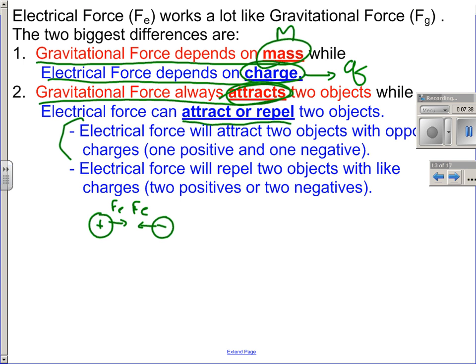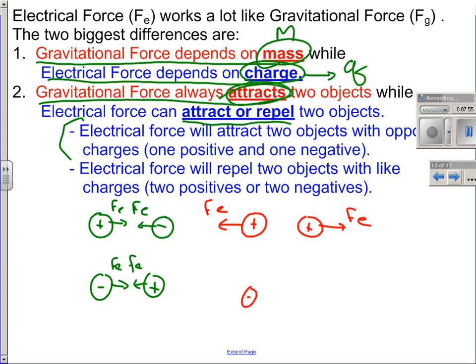Similarly, if you had a negative and a positive, those would also attract. Whereas if you have like charges, a positive and a positive, those would repel each other. Or if you had a negative and a negative, those would repel each other.